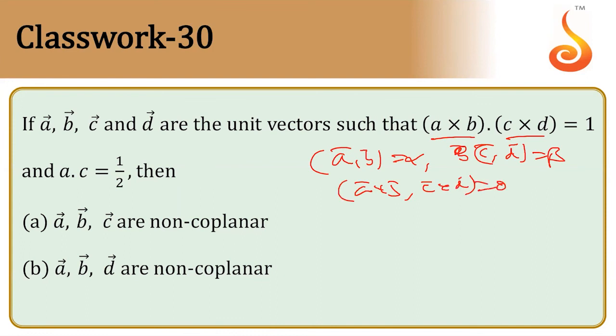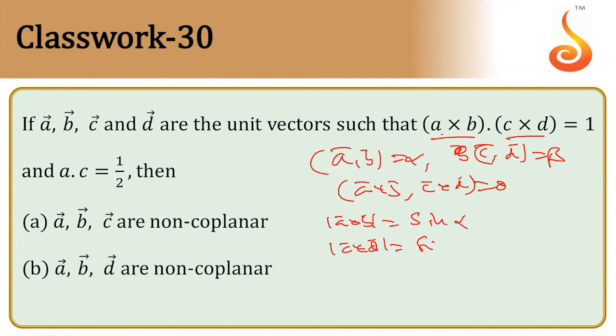So now the dot product is given as 1. Here modulus A cross B is sine alpha, because they are unit vectors. Modulus of C cross D is sine beta. Because the angle you have taken is alpha, no?